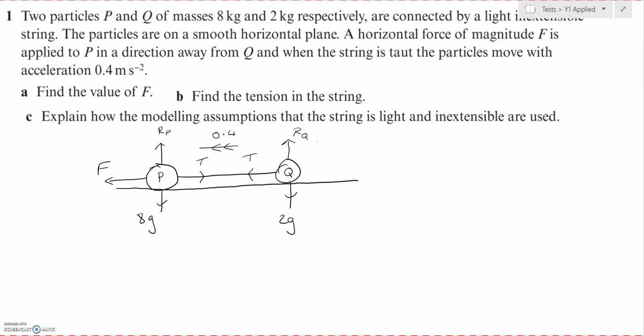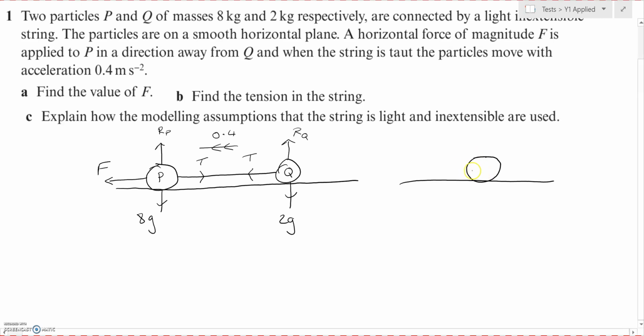We need to find the value of F, which is over here. In order to do this, we need to treat this whole two-particle problem as if it was one system, just one particle. We can do this because both the particles are moving in the same direction and moving together. The string is taut, and as P moves forward, Q also moves forward.